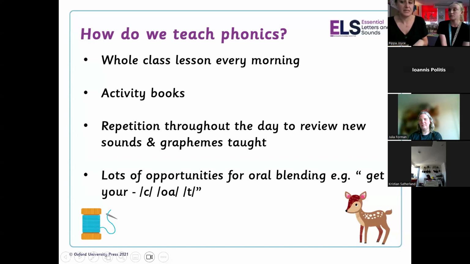Or I might ask them to sit down. So they're hearing it, they're thinking, oh yeah, that means sit, got it. And the example here is "get your coat". So we're not firing at them the whole time, but just little ways to drip feed different parts of it.